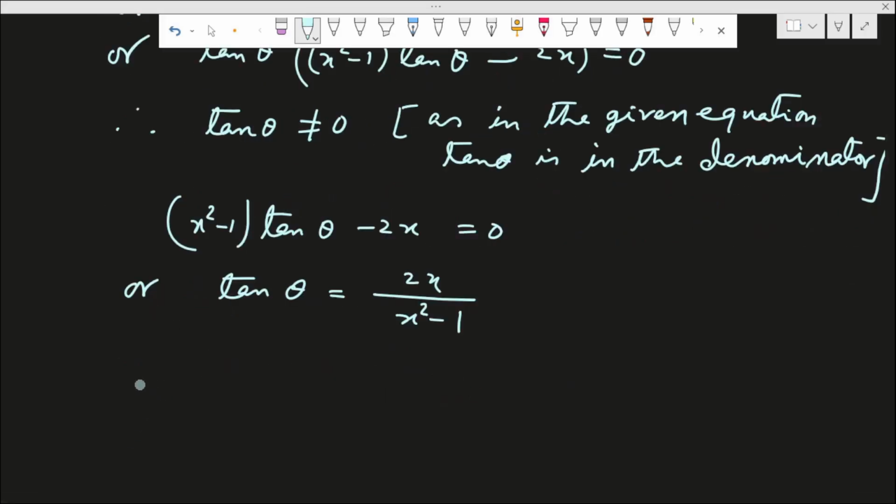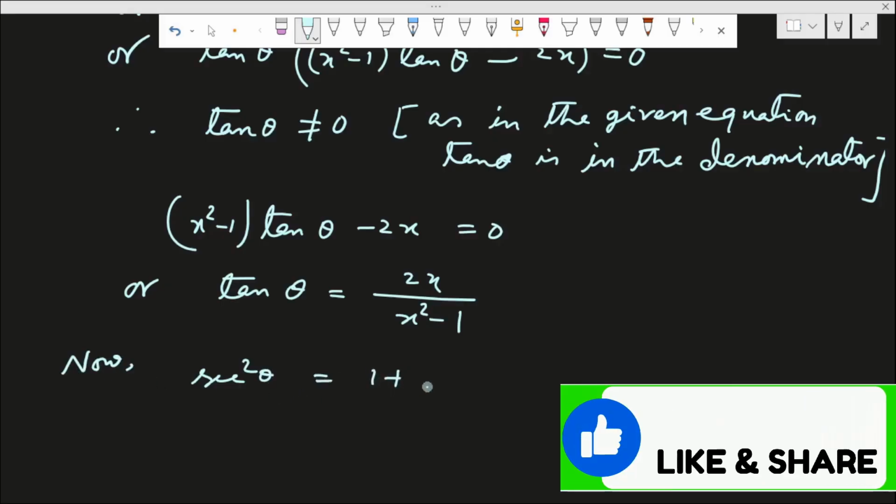The value of sec theta. According to the formula, sec square theta is equal to 1 plus tan square theta.